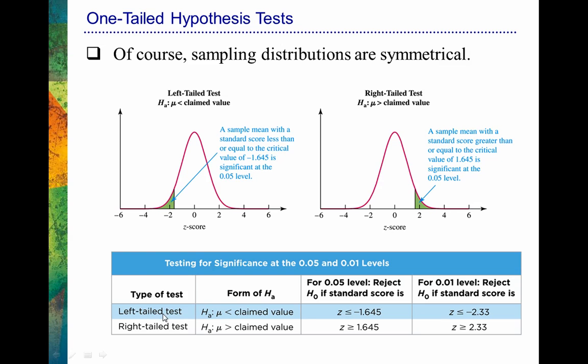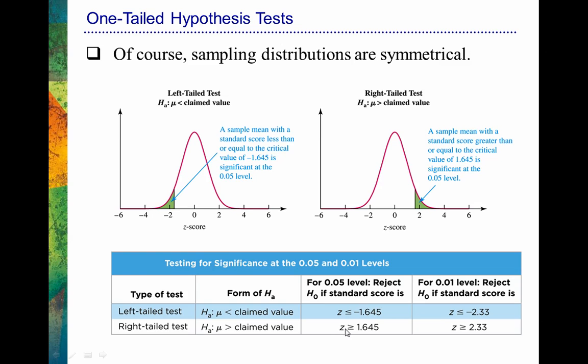For a left tail test, we find that for an alpha of 0.05, we will reject the null hypothesis if that standard score, that z-score, is less than or equal to negative 1.645. If we're doing a right tail test, then that critical value for an alpha of 0.05 is marked off at 1.645.